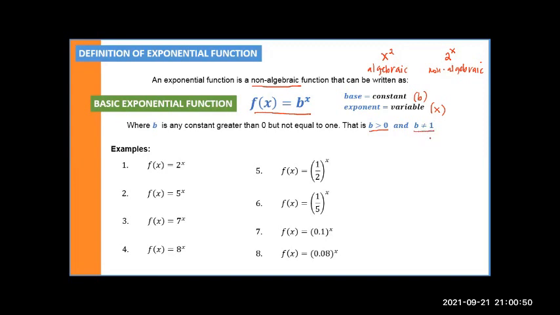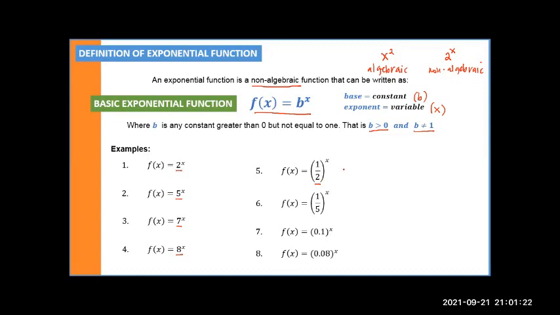So ano yung mga examples nito? Meron tayong 2 raised to x. Kasi ang 2 ay greater than 0, not equal to 1. Now, pwede rin ang 5 kasi mas mataas siya sa 0. Ang 7 pwede rin, ang 8 pwede rin. Now, yung nasa pagitan naman ng 0 at 1, pwede rin. So, meron tayong 1/2 kasi mas mataas siya sa 0.